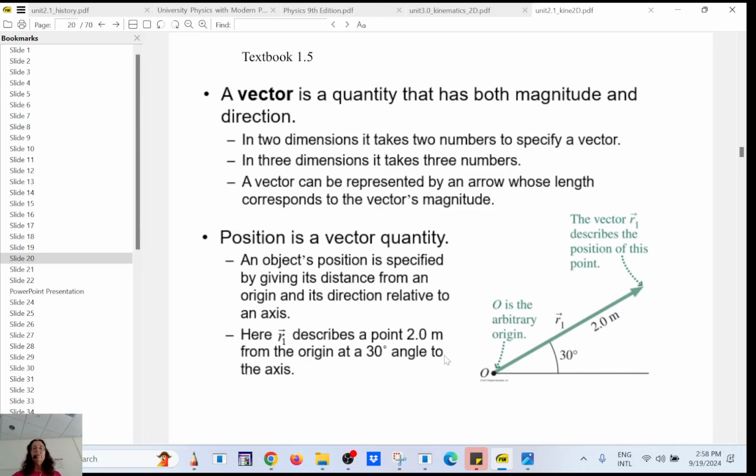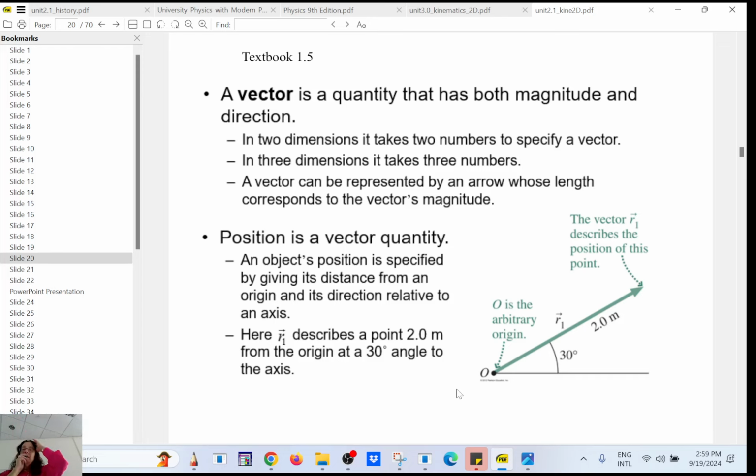Okay? So for example, you have something called a vector position. So imagine here, I am at the origin. And you see the projector over there? So I can trace a vector attached to the origin and pointing at that projector here. So that will be a vector position.